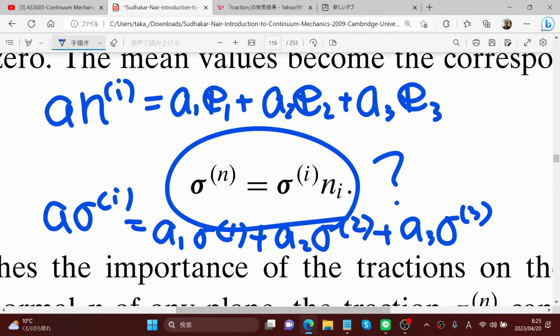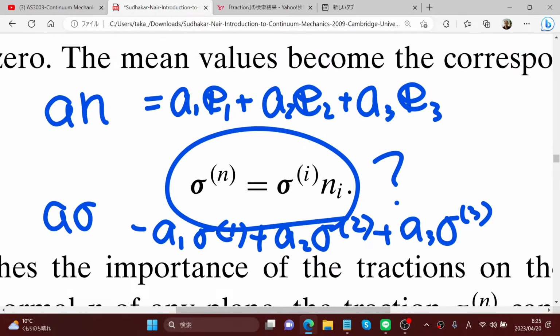And this n, I think I have a mistake. This is n, and this n is a vector.